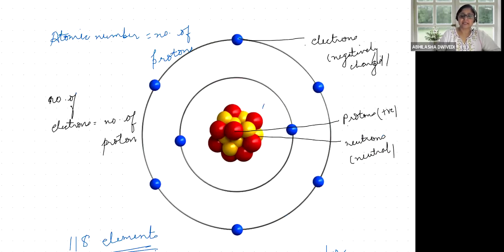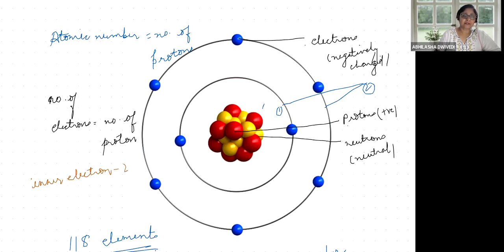So we see that there are two shells here, one and two. Let's count the number of electrons in the inner shell. It is called the inner shell because it is inside. So the electrons in the inner shell, how many electrons do you see? Inner electrons are obviously two, correct?